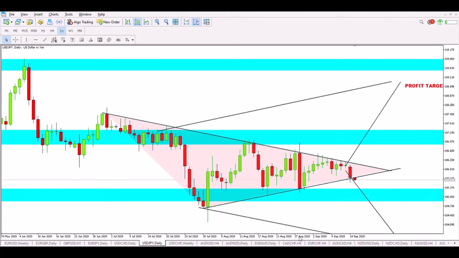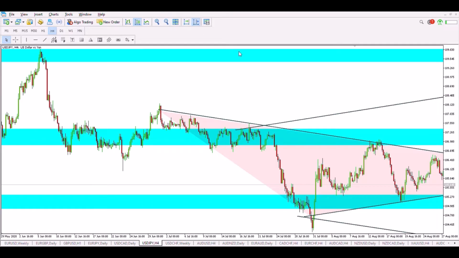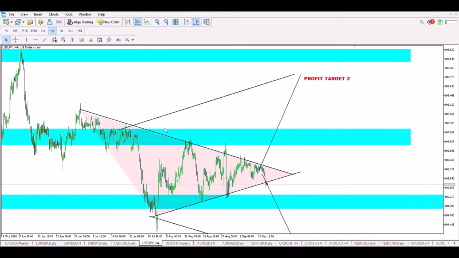So right now in front of you I have the USD JPY daily chart, and when we switch to the 4-hour chart, we will see that the price started creating this triangle shape. So this is our triangle pattern. We have the height of the pattern, and we have 1, 2, 3, 4, 5, 6 waves.